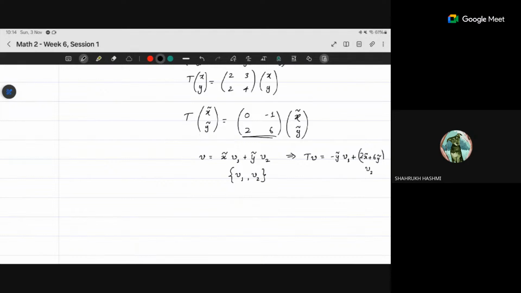Okay, sir. One more thing. Even if the basis is not given, you have chosen the standard ordered basis, but if it is not given in a question, do we have to choose the standard basis?